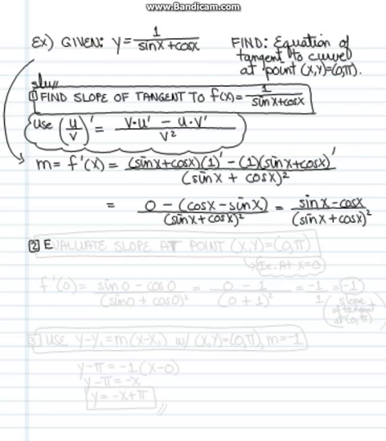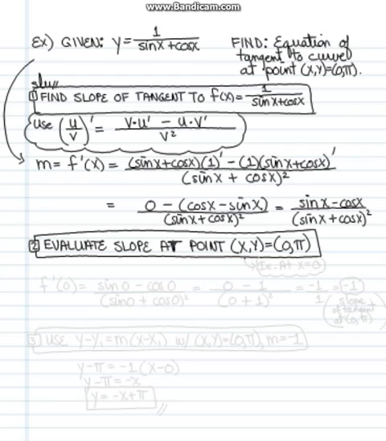That's step 1. Step 2, evaluate this slope, because it is a function of x. Evaluate this slope for our point of interest on the graph, (x, y) equals (0, pi). In other words, evaluate it at the x coordinate in that ordered pair, x equals 0. So go back to the formula, the function you just found for the derivative, f prime, and evaluate it at 0.